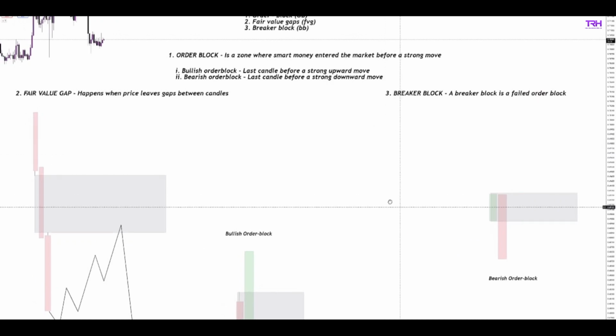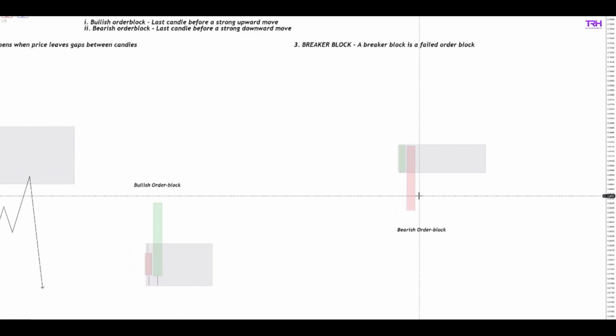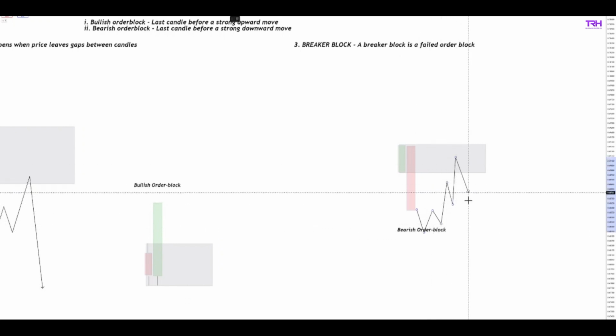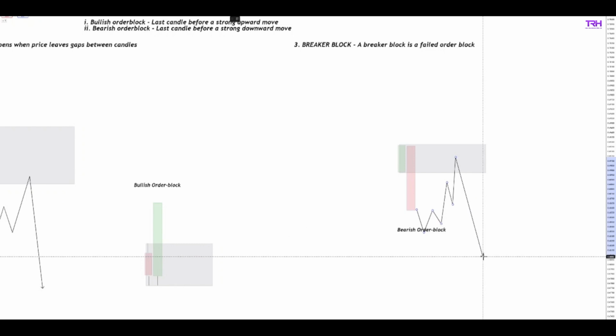So, this is a bearish order block, right? And we expect price to come back probably into there, and continue the downtrend, right?